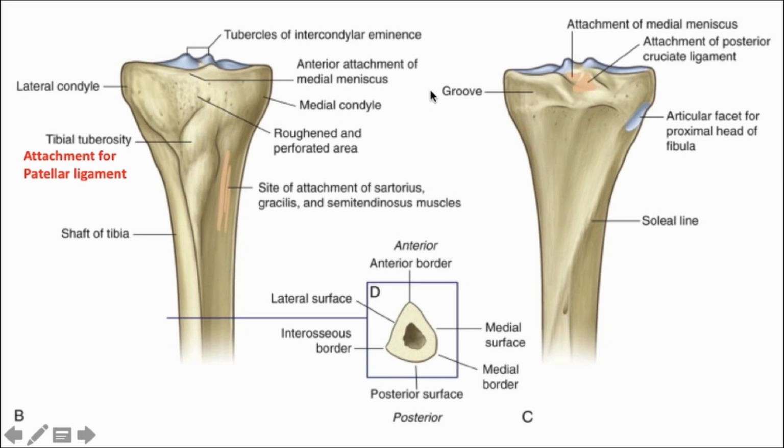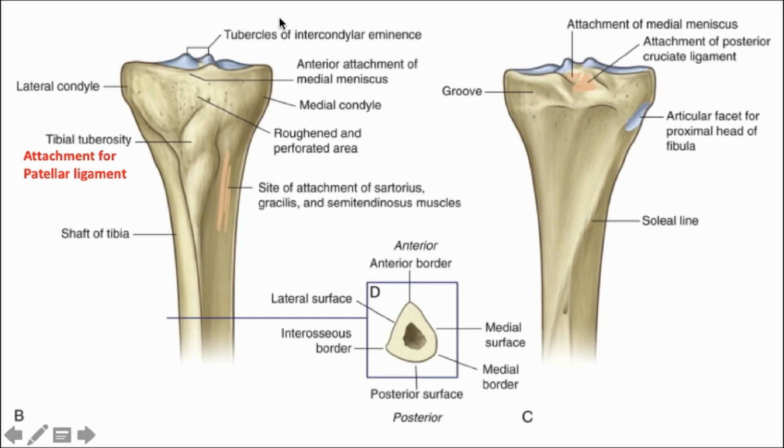Just a few more things. This is the proximal tibia. Remember, we have the lateral condyle and the medial condyle here, and they're separated by the intercondylar ridge. A lot of strong ligaments hold the knee together.